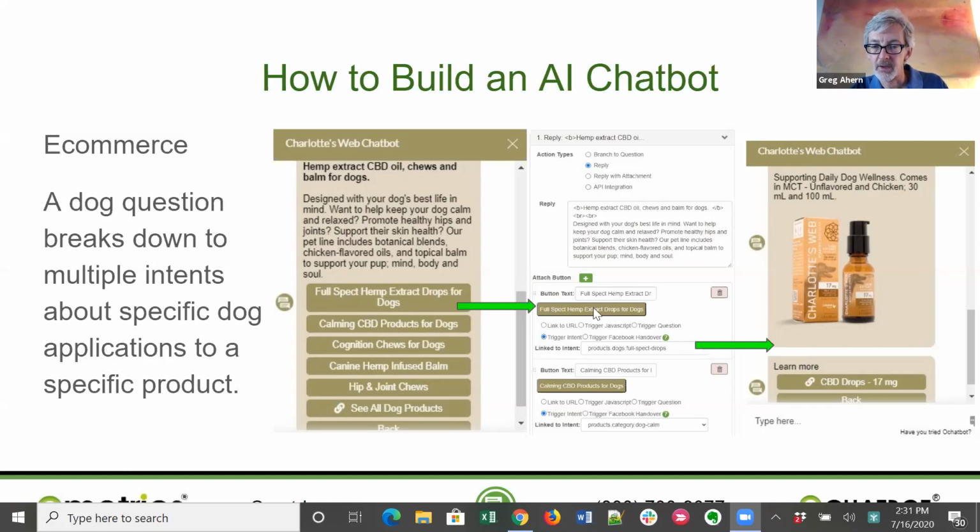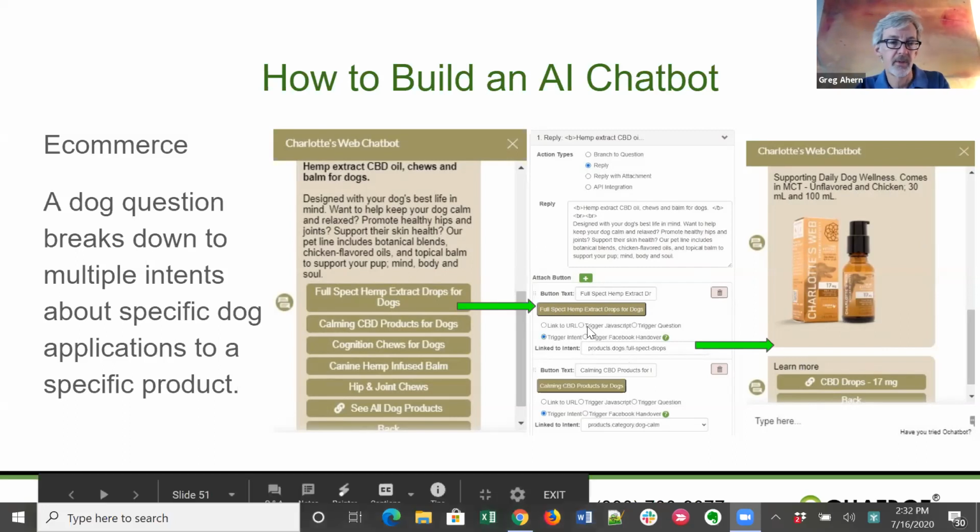You can see how we did this here. And when they click this button, it triggers this linked intent, which is a custom view of the product and a description of it. And then right here, it's like, oh, I want to buy it. And so this is what's going on if you followed what's happening with the bot. When someone clicks the button, they go here, but it's actually listening to this and then triggers this.